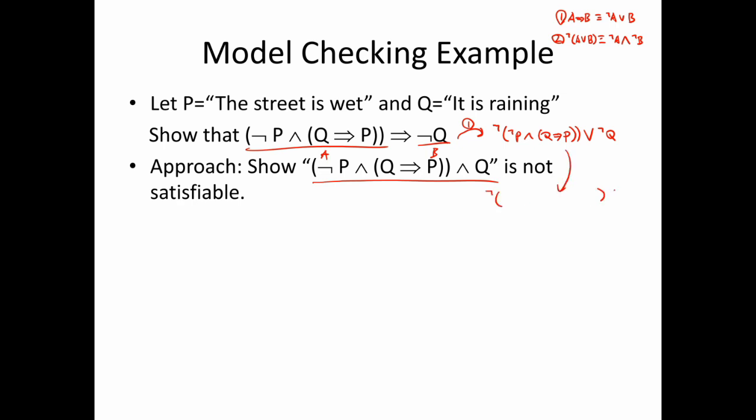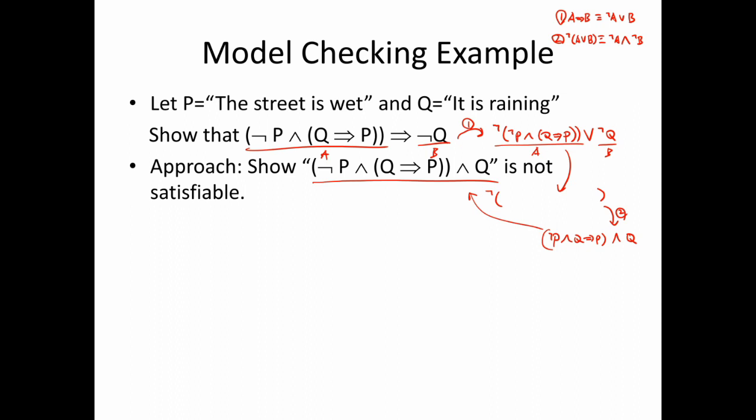And there, if we use the second rule, this would be A and this would be B. We just have the negation of A and negation of B. And negation of A is just double negation, so we get rid of the outer negation. So we're left with not P and Q implies P. Okay. And we have not B, which is just Q. And that's how we get this thing.